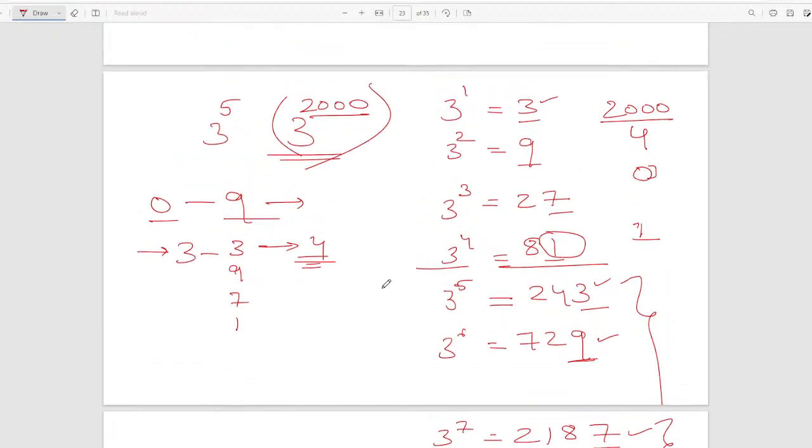There is a pattern here. After every 4 powers, like 3 raised to 1, 2, 3, and 4, it starts repeating again. So if you want to calculate the unit digit of 3 raised to 2000, you know the cyclicity is 4. You divide 2000 by 4, the remainder would be 0. The remainder is 0, so the unit digit corresponds to the cyclicity position, which is 1.